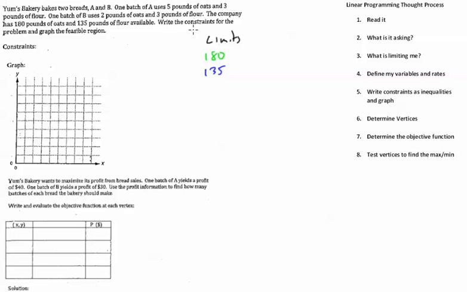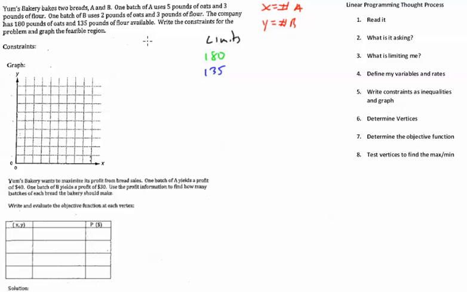Let me see if I can find some variables in here. A batch of bread A uses 5 pounds of oats. A batch of bread B uses 2 pounds of oats. So I know everything about what's available. I know what it takes to make these things, but I don't know how many of each batch I'm making. There we go. So X can be the number of batch A. I can make Y, another variable, the number of batch B. Alright, good.